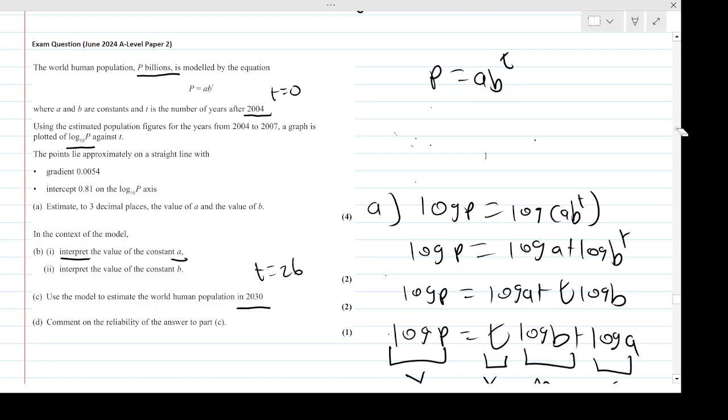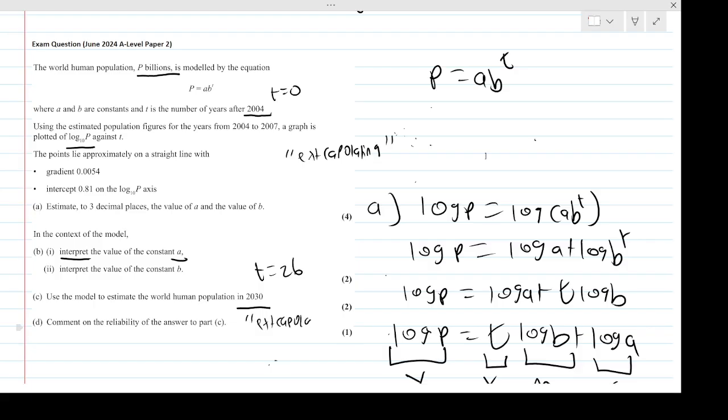That means if we use the model to predict the population at years before 2004 or after 2007, it's no longer reliable. It's what we call extrapolation, right? If you would have seen this in statistics, extrapolation is where it's outside the range. Which means 2030 is outside the range. It's after 2007. It's extrapolation.